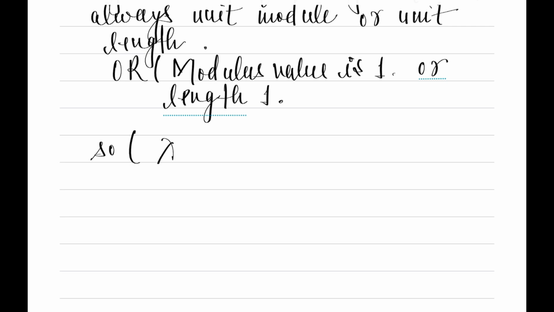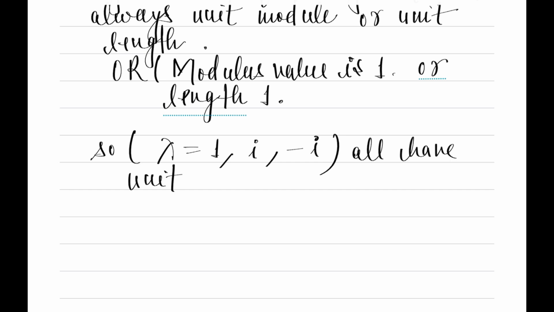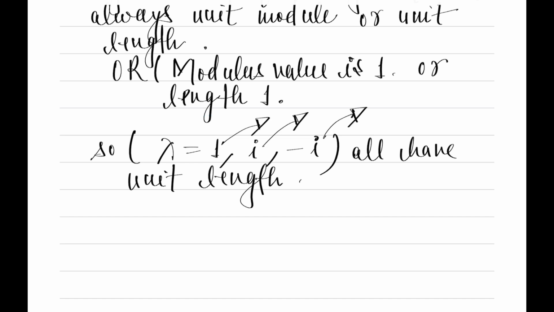So lambda equal to 1, i and minus i, they all have unit length. This has unit length 1, this has unit length 1, and this has unit length 1.